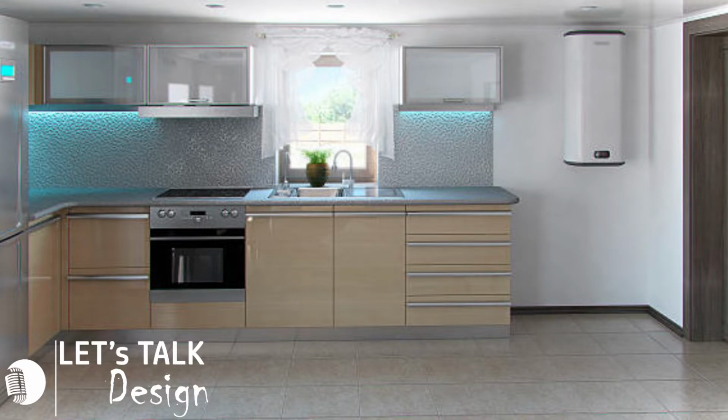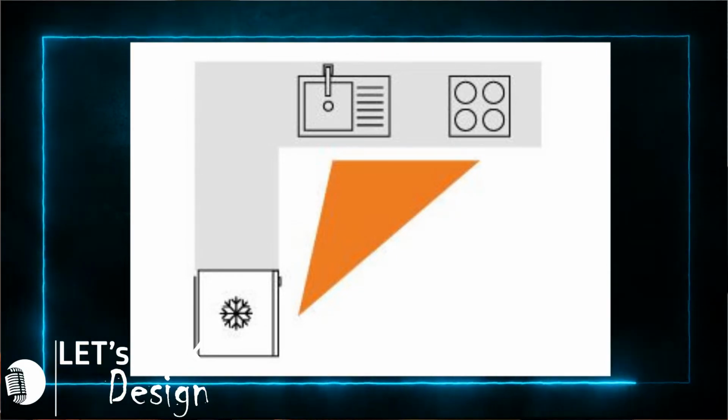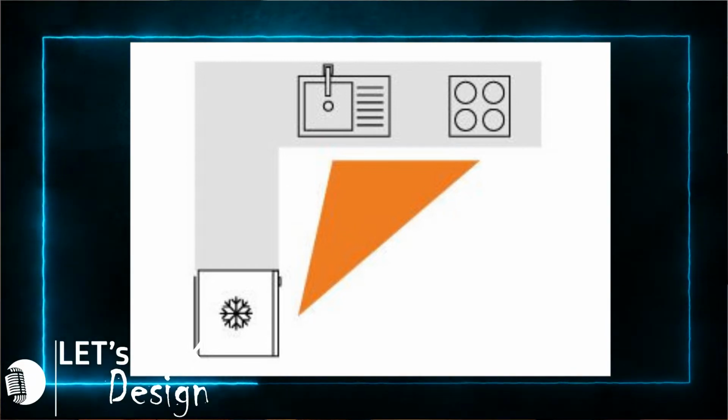L-shaped one. So before we go to the topic itself, I think we should first explain some terminologies that we're going to be using throughout this episode. Like the work triangle, I think that's the big one. The other is cabinetry. The work triangle is a flow in the kitchen. It draws an imaginary triangle in the kitchen, where there is a cooking space, the sink, and the fridge.